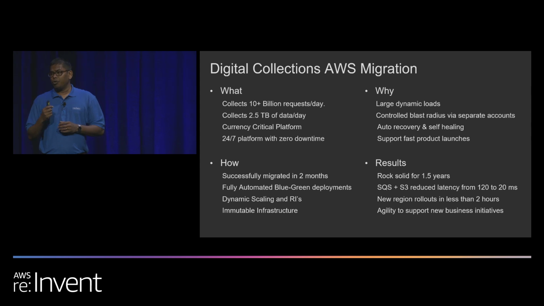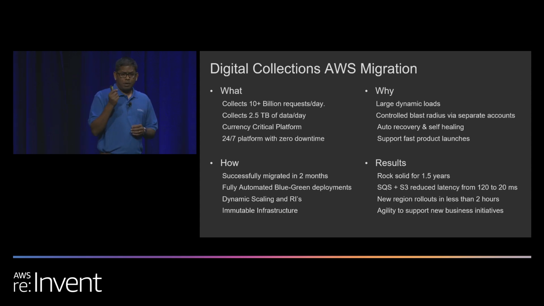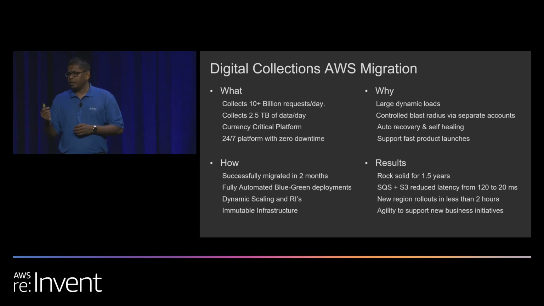It generates around 2.5 terabytes of data every day. It's a currency-critical platform. That is, when people around the world are buying and selling media, the data from collections matters. So it's very critical for our business. It runs 24/7 and has zero downtime. So why did we choose to move it to AWS? Well, we deal with dynamic loads, as I mentioned earlier.